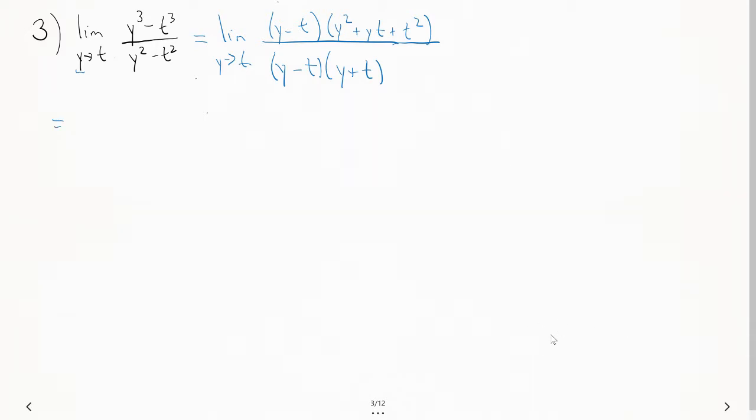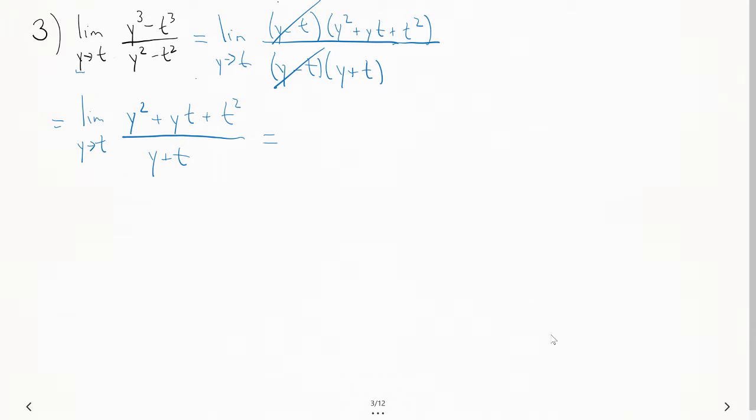Okay, so this becomes the limit as y approaches t. The y minus t's will cancel, and you're left with y squared plus y times t plus t squared all over y plus t. And then maybe we can start to see what the trend is.